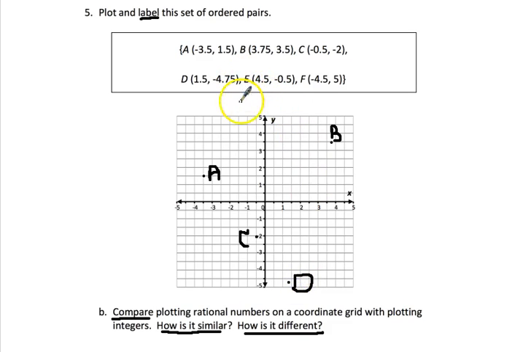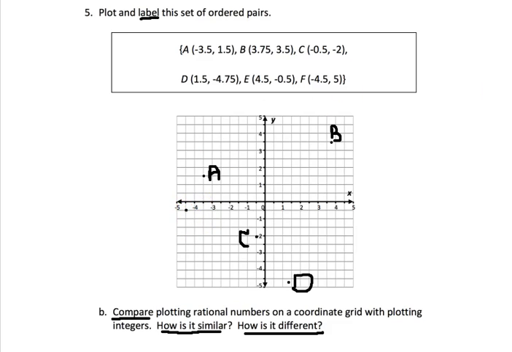And then E, x is 4 and 5/10, y is -5/10. So I'm going to go to 0. I'm going to find 4 and 5/10. Okay, and now I'm going to go down to -5/10. And that's going to be right.